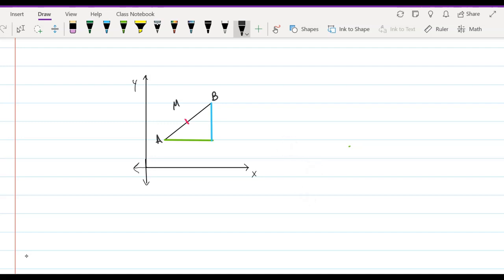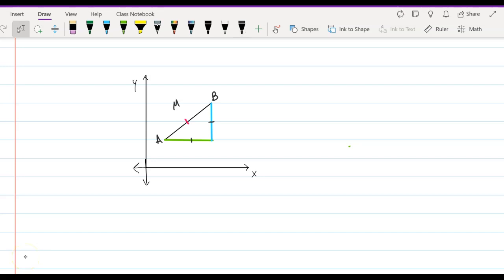So if I find the midpoint of the green line and the midpoint of the blue line, when I combine those, I'll have the coordinates for the midpoint of segment AB.